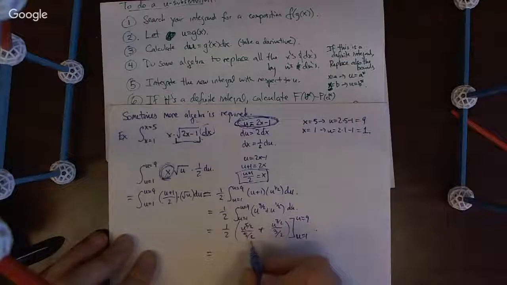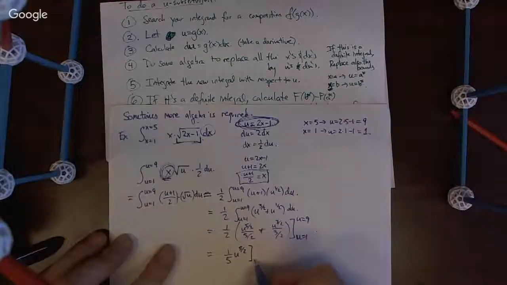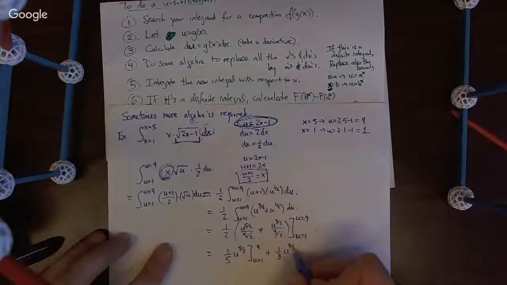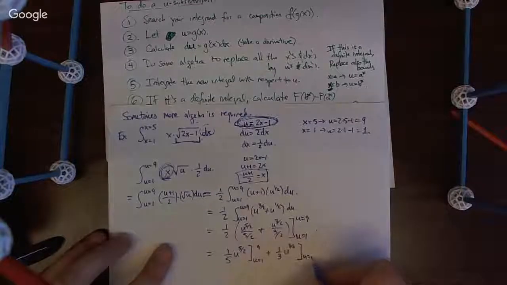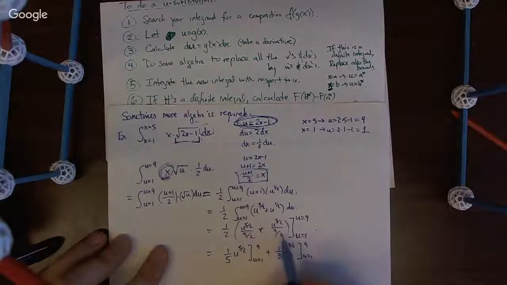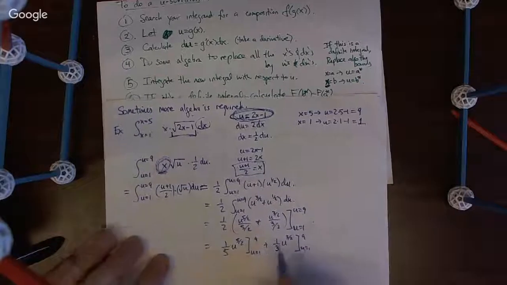We have 1/5 u to the 5/2 from u equals 1 to 9 plus 1/3 u to the 3/2 from u equals 1 to 9. So remember, 1 over 5/2 is 2/5. 2/5 times 1/2 is 1/5. 1 over 3/2 is 2/3. 2/3 times 1/2 is 1/3.